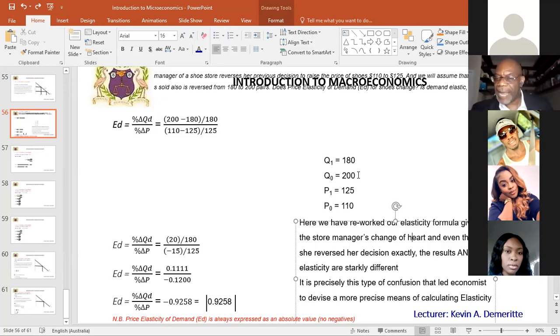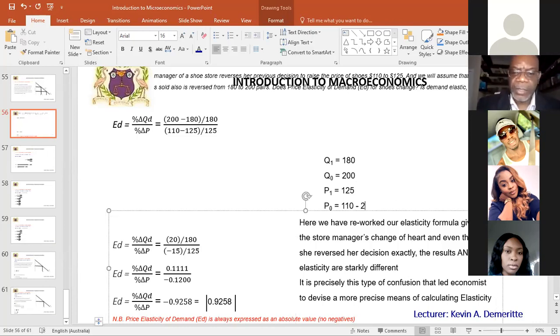So it makes sense at that point that the old price, the 2019 price, was 110. The 2020 price was 125. The 2019 quantity was 200. And the 2020 quantity was 180. Everybody agree with me so far? That's what we had at the beginning.